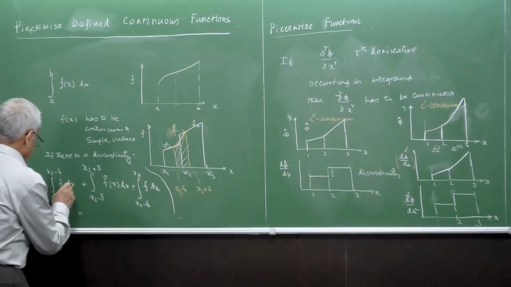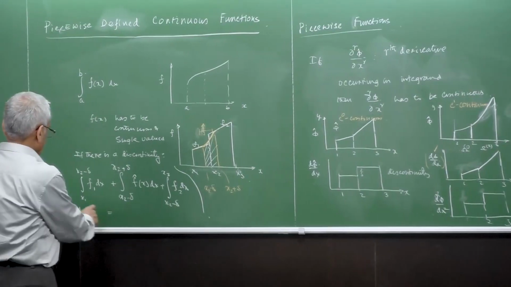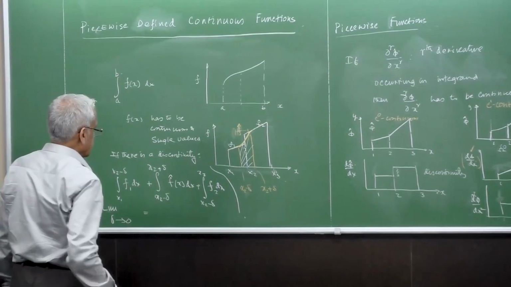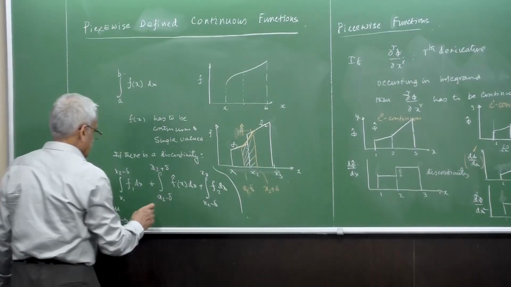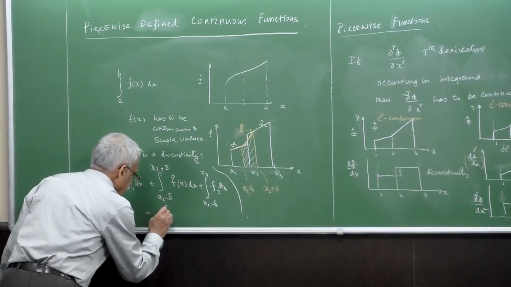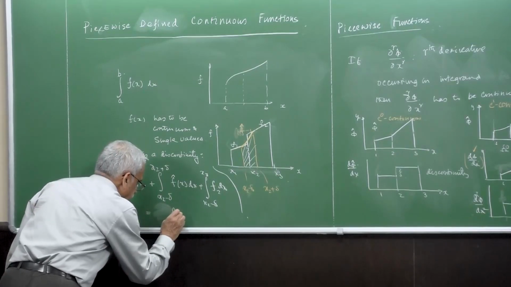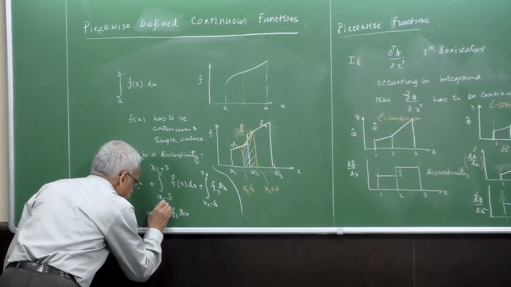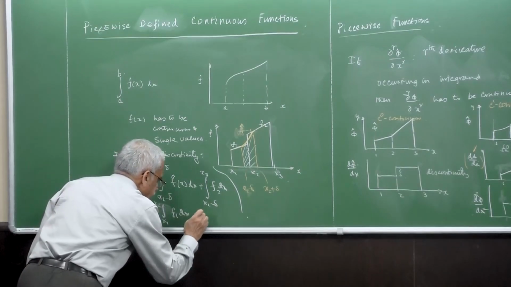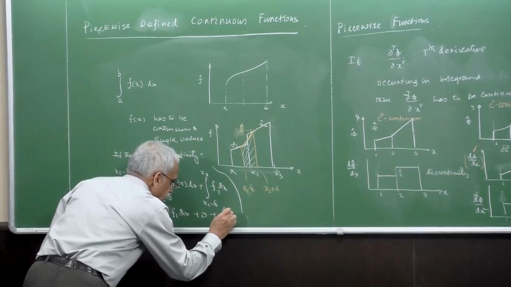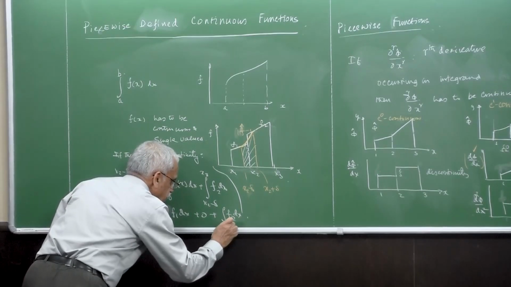The middle integration, which I showed as shaded, is going to be 0. So the whole thing becomes the integral of f1 from x1 to x2, plus the middle one which is 0, plus the integral of f2 from x2 to x3.